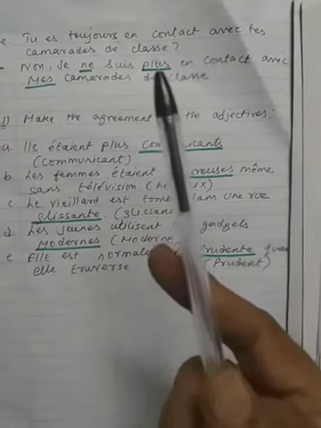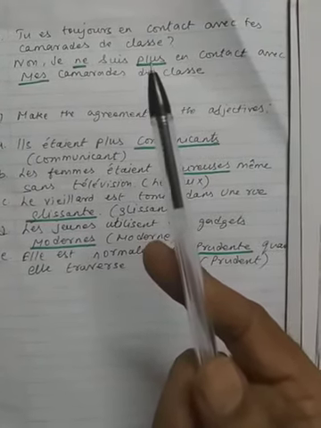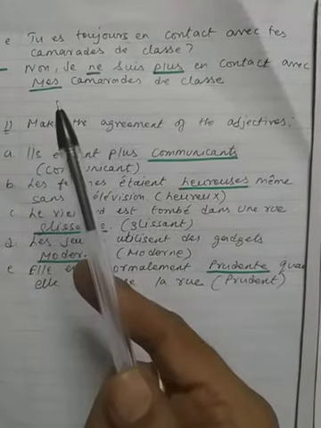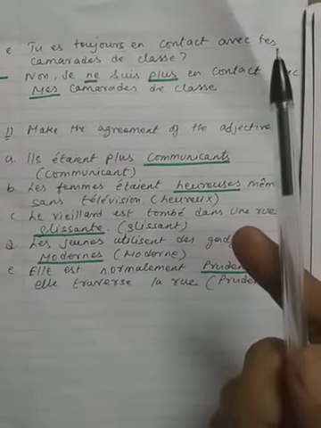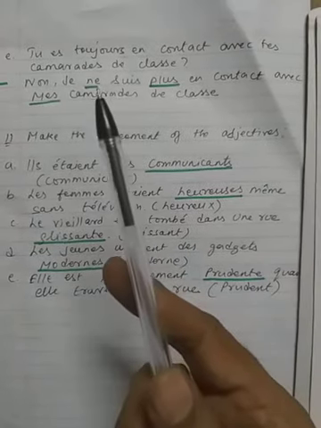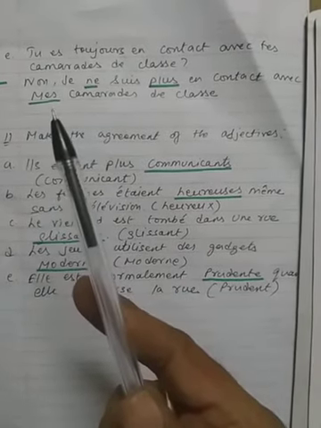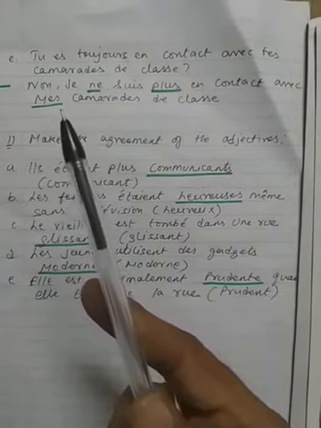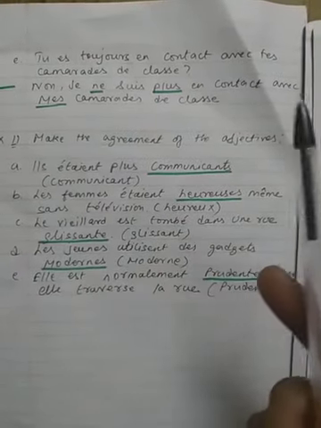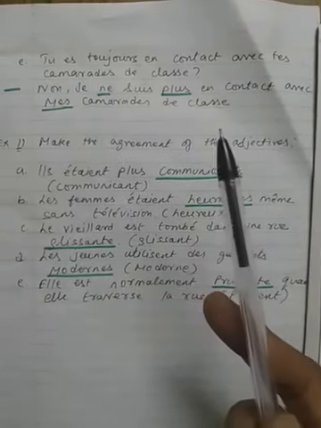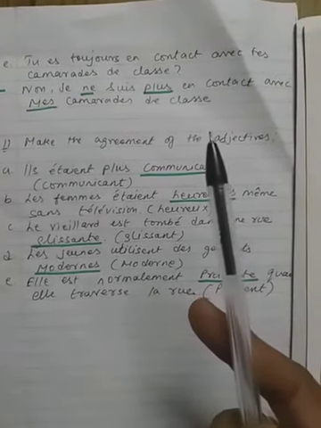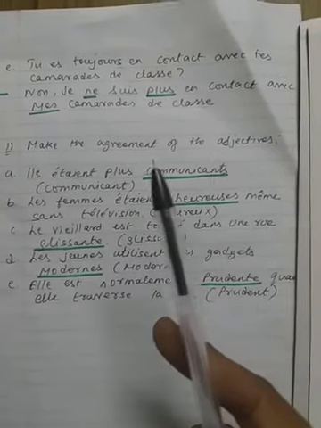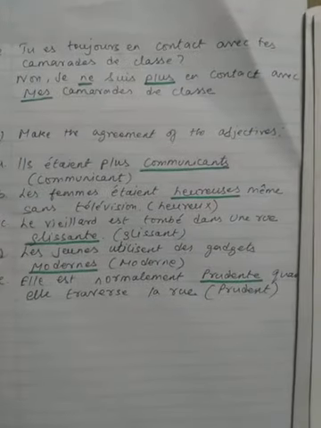Je ne suis plus en contact avec mes camarades de classe. I am no more in contact with my classmates. Here the possessive adjective tes is second person, but the subject is first person, so use mes. Fifth grammar exercise: reply in negative form using the negative element no more.